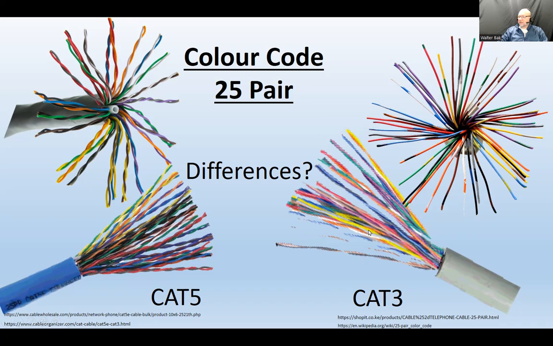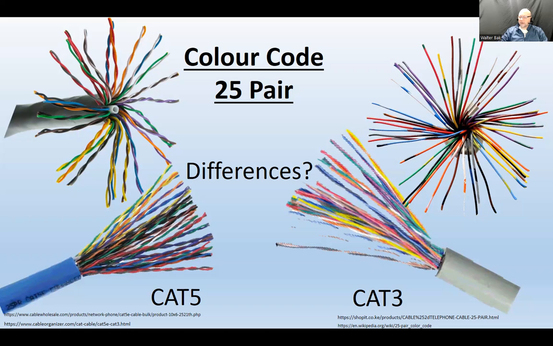But still, this 25 pair cable in Cat 3 configuration is probably the most popular one as far as telephony use, for telephones, and possibly intercom wiring, and maybe some various control signals if you need to carry multiple pairs from one point to another.